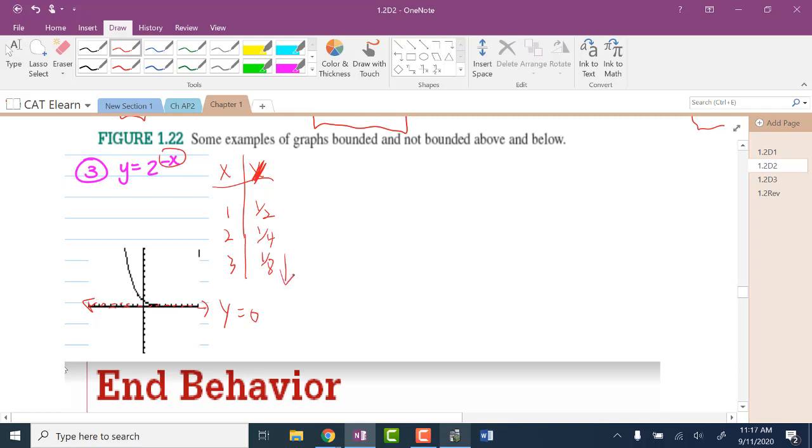As I keep plugging in big numbers for x, these y's approach 0. So this is bounded below. So an asymptote can be a boundary if the graph doesn't go anywhere on the other side of it. Doesn't have to be an asymptote, but it could be. It's just bounded below because there is a boundary.